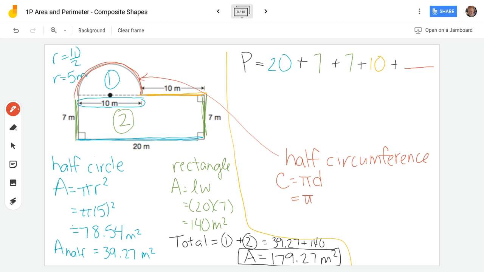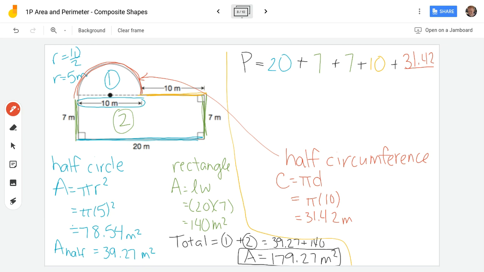So I'm just going to use the diameter. Pi times 10, which will give me approximately 31.42, if I round correctly, meters.